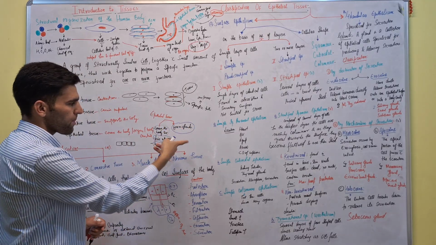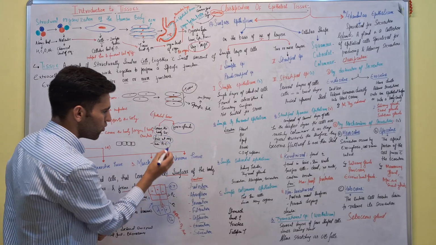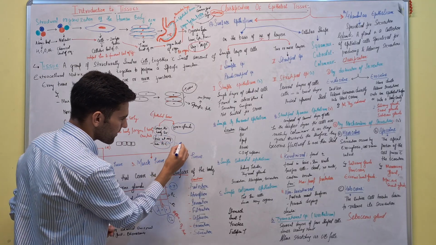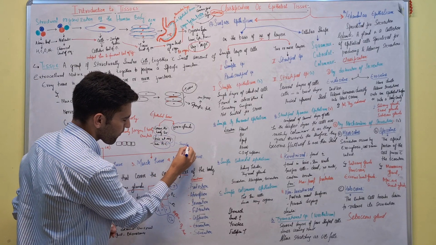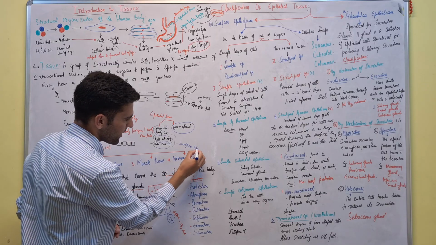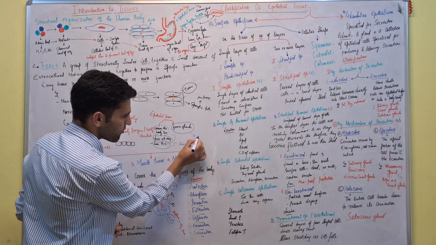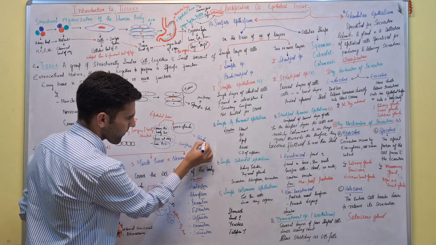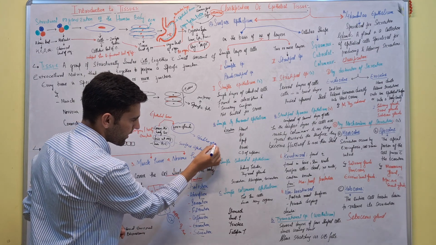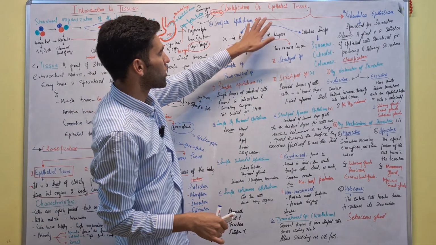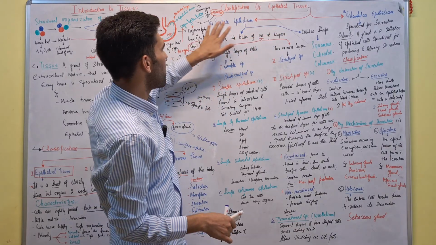Based on this, we have divided epithelial tissue into two types. The first we call surface epithelium, and the one which forms glands, we call glandular epithelium. So we have two types of epithelium. Classification on the basis of function.